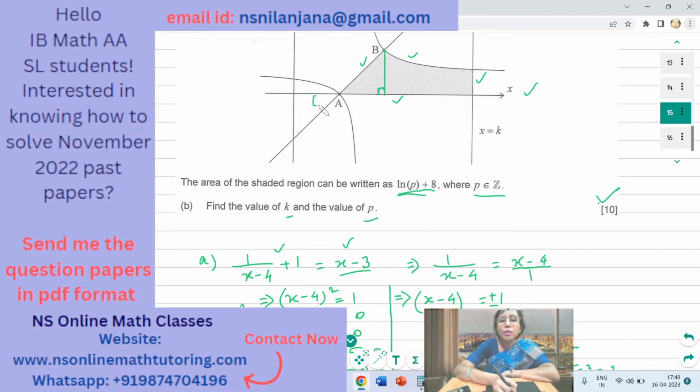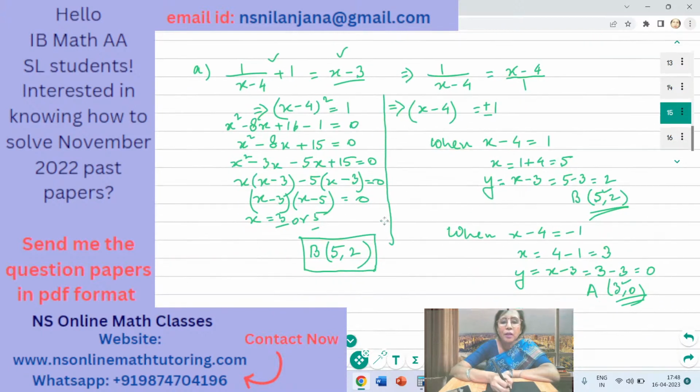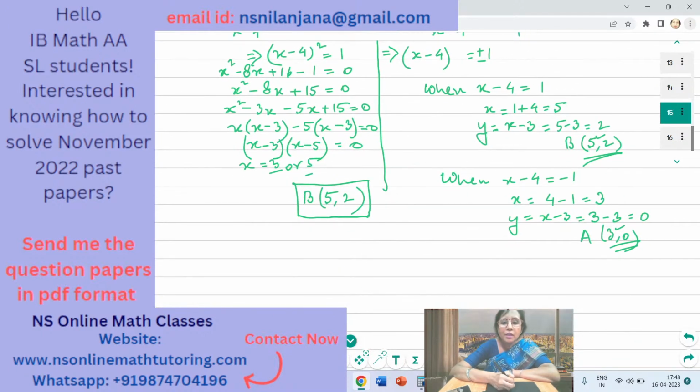Because we know the coordinates of the points A and B, this may help us a little. At least we can find the area of this right triangle. The coordinates of the point P were 5, 2. Let me show you once more, in case you have forgotten. See, this is 5, 2.